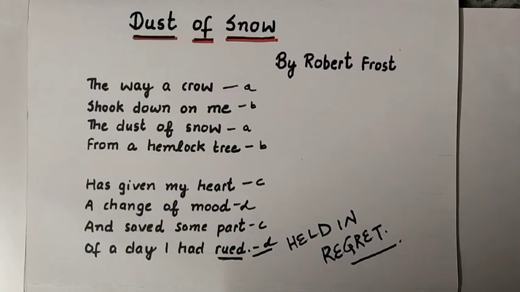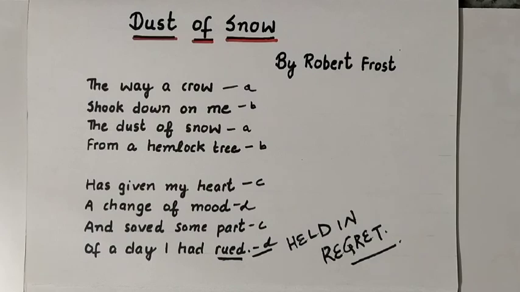When line after line appears in a given set without any punctuation marks, it falls under the category of enjambment. That literary device is known as enjambment.